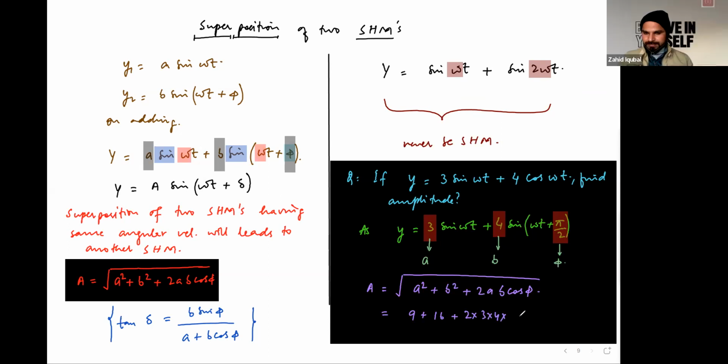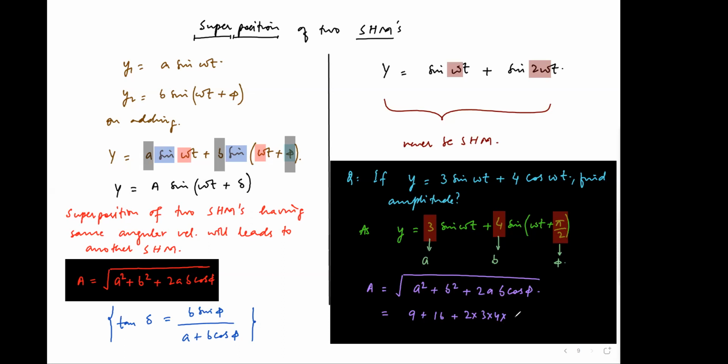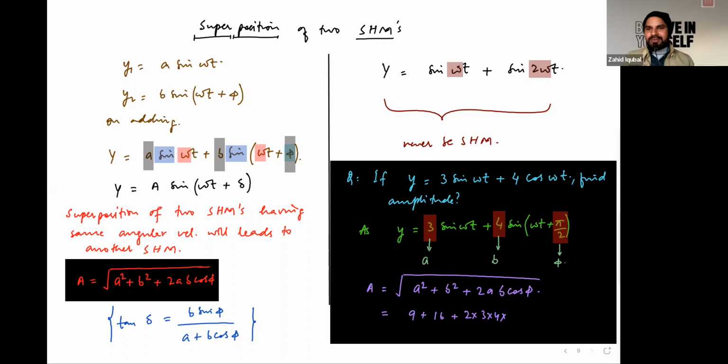Cos of pi by 2 is, Salman? pi by 2 is 90 degrees and cos of 90 degrees will be 0. So if you simplify it, this entire term will become 0. So 9 plus 16 will be 25, and root of it will be just 5. Hiba, is it clear?